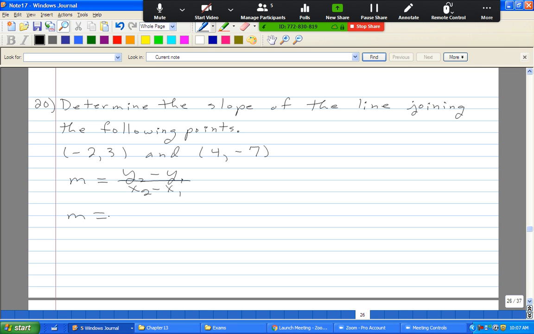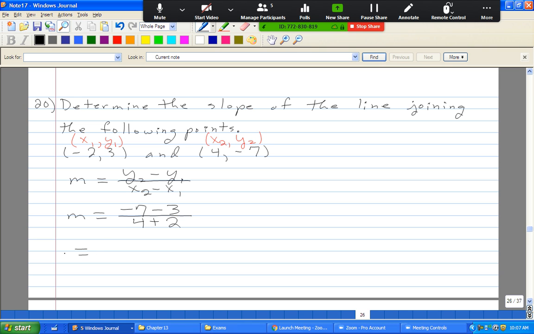And so the slope is, again, let's call this x1, y1, x2, y2. And so I get y2 minus y1 over x2 minus x1.